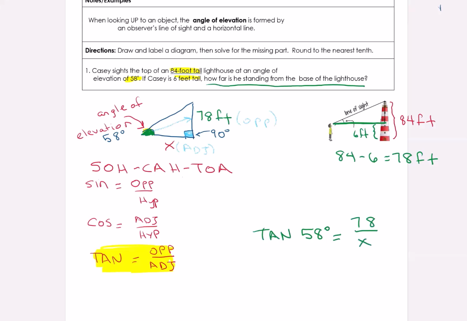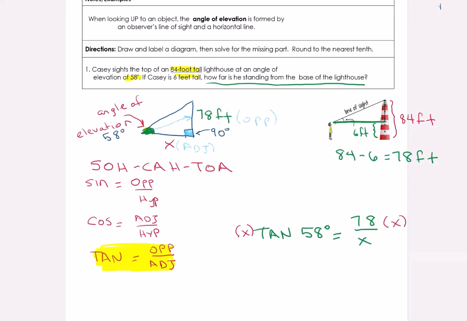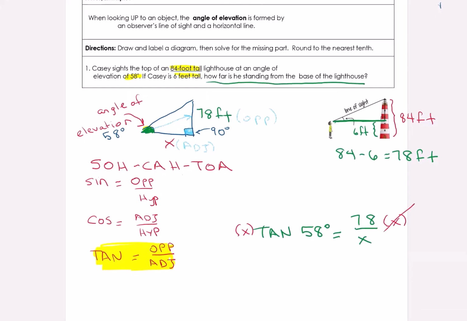Now, the first thing I always like to do is not have a variable in my denominator. I can always multiply both sides by x. And if I do that, this x cancels with that x. And now I have x times the tangent of 58 degrees is equal to 78, and that's in feet.